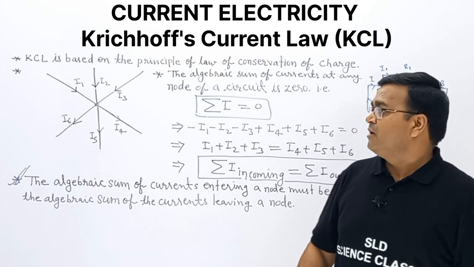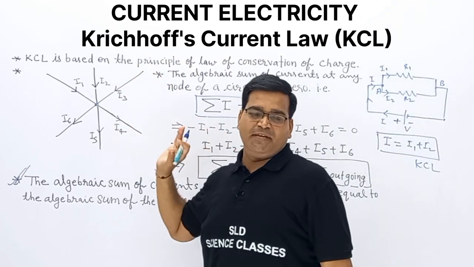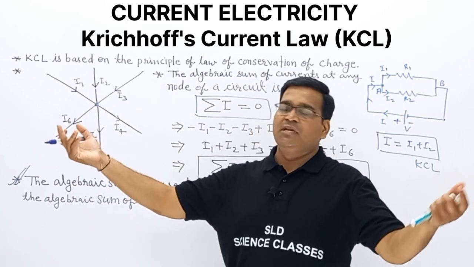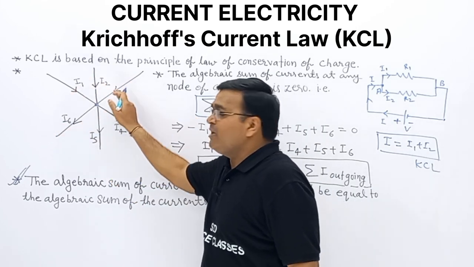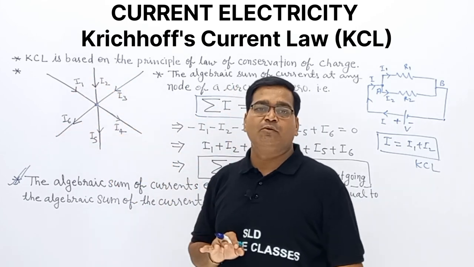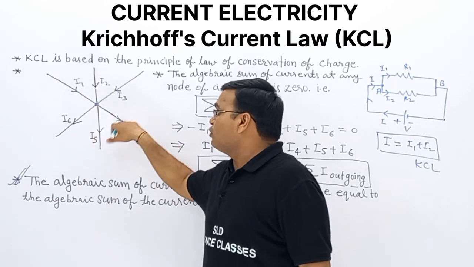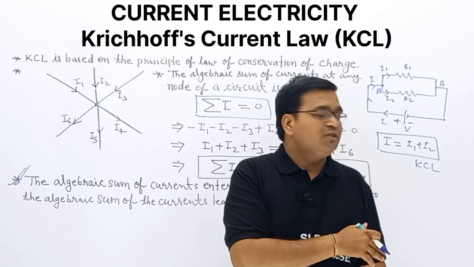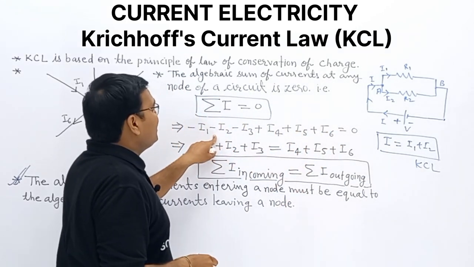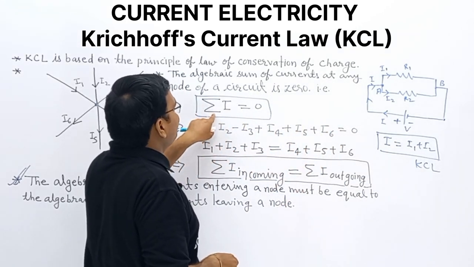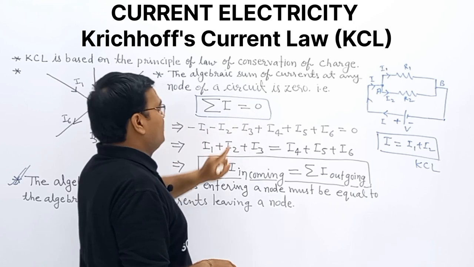We should take either incoming or outgoing as negative. Once incoming is negative, outgoing will be positive. If incoming is positive, outgoing will be negative. Only then is the sum of current at the node 0.